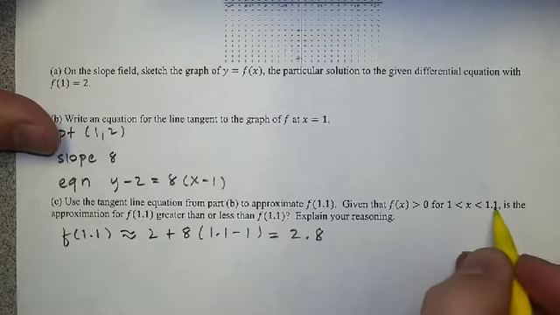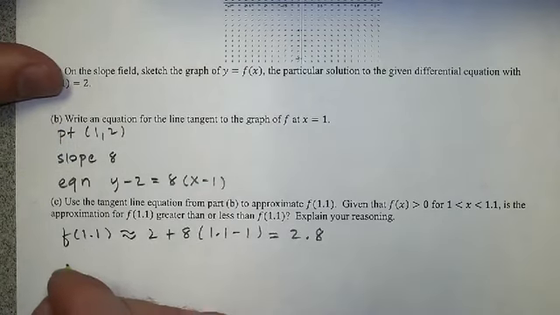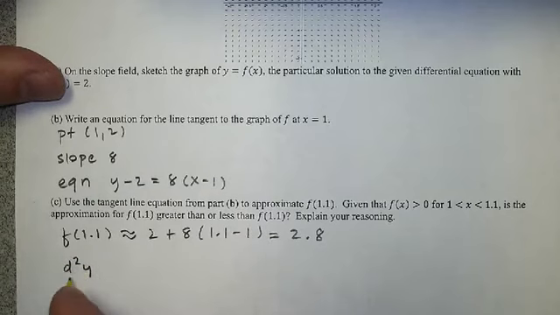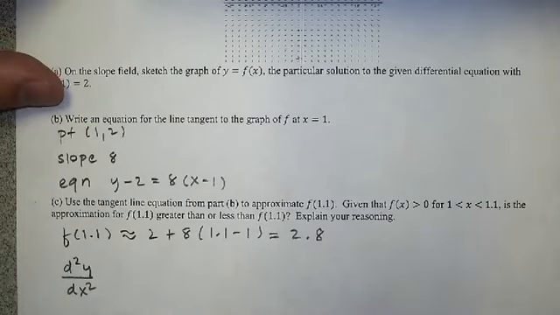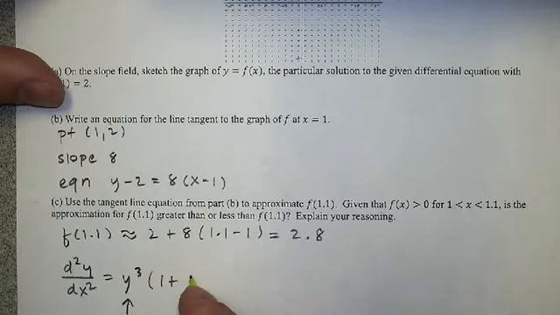Well, that's interesting. I've got the formula for the second derivative. That's what I'm going to need to consult to determine if it's an overestimate or an underestimate. The second derivative of y with respect to x is equal to y to the third, which I know is positive because they said f of x is greater than 0, times 1 plus 3 times x squared times y squared.